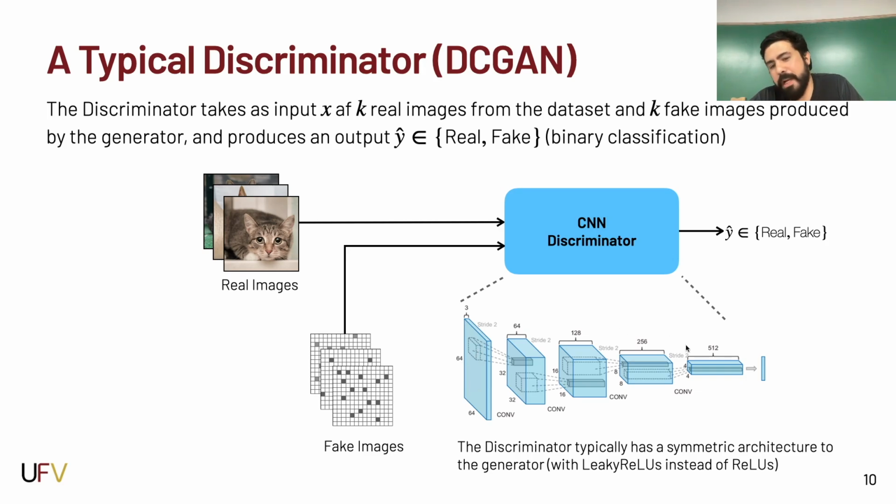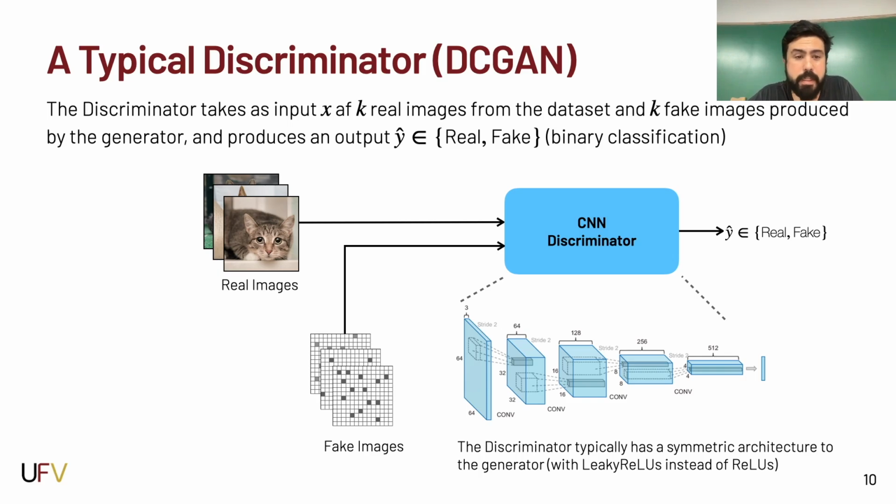Then we use a regular convolutional neural network to extract a feature vector at the end. And this is a binary problem. So at the very end of the CNN, we're going to have a sigmoid activation function because I have only two labels, and I'm going to give the probability of being real, let's say. So that's it.